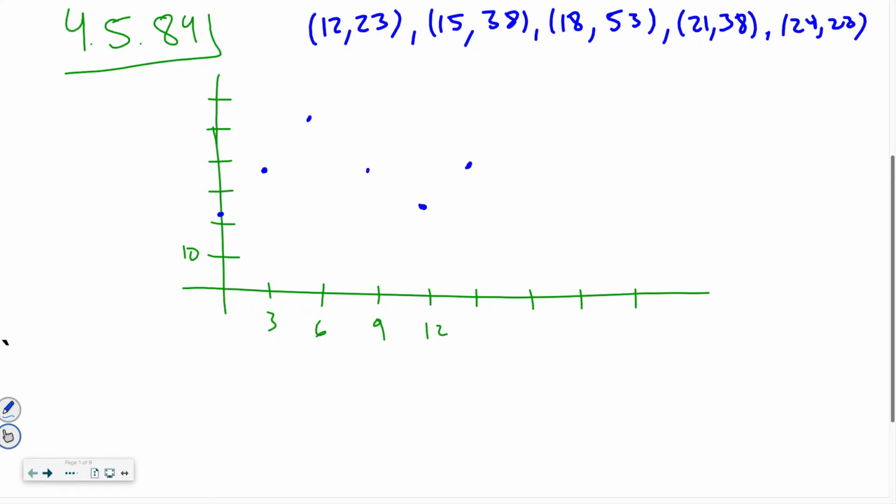Let's make this one a little bit higher. All right, so if I'm drawing a graph, it's going to look like that. So that's what 84 actually asks us to do.